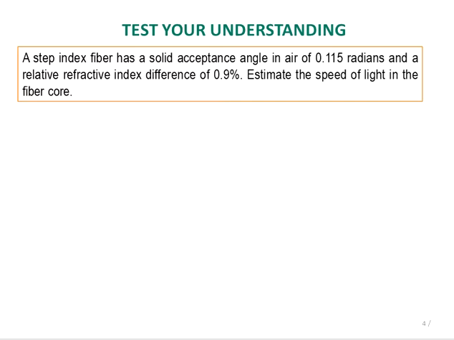So that is given. Then relative refractive index difference is given, that is delta 0.9%. 0.9% we consider as 0.9 by 100, that is 0.009. Then we have to find what is the speed of light.